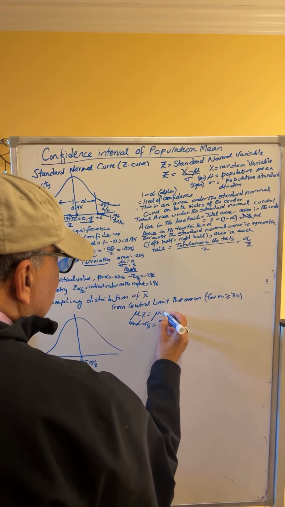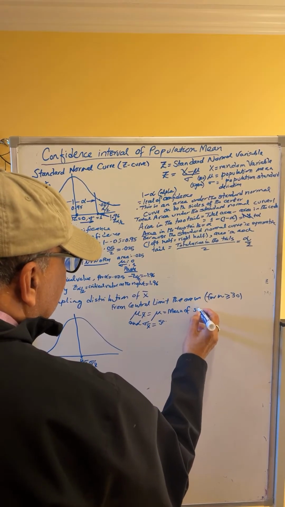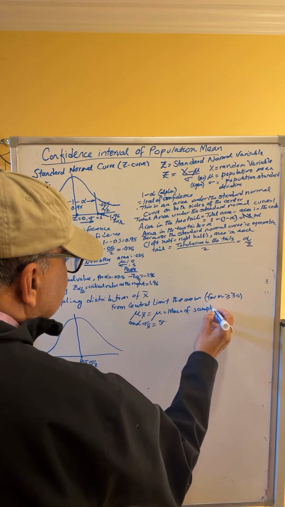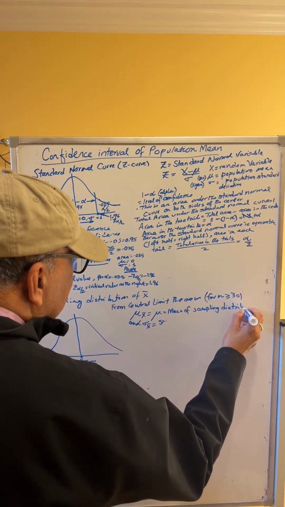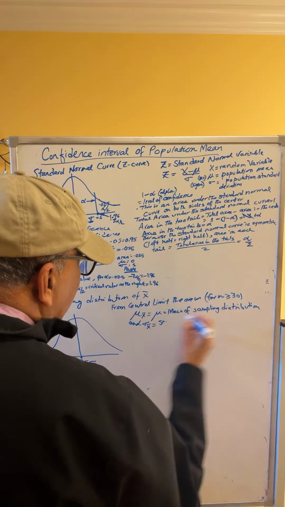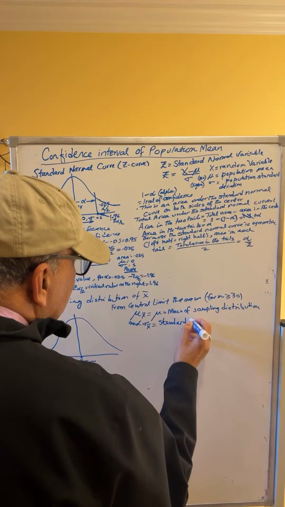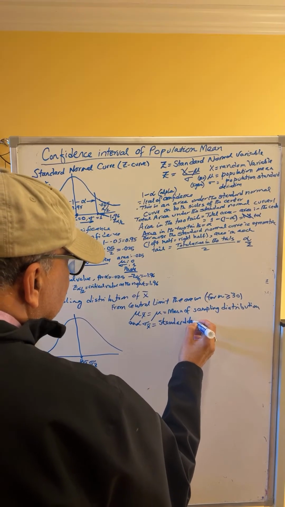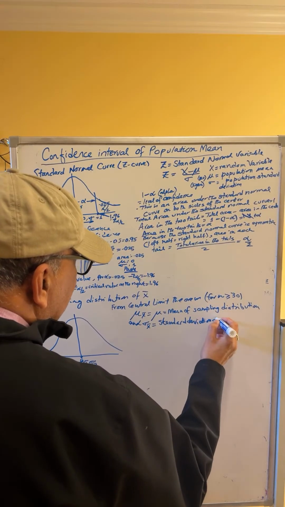The mean of the sampling distribution, mu x bar, is equal to the population mean, and the standard deviation of the sampling distribution is sigma x bar.